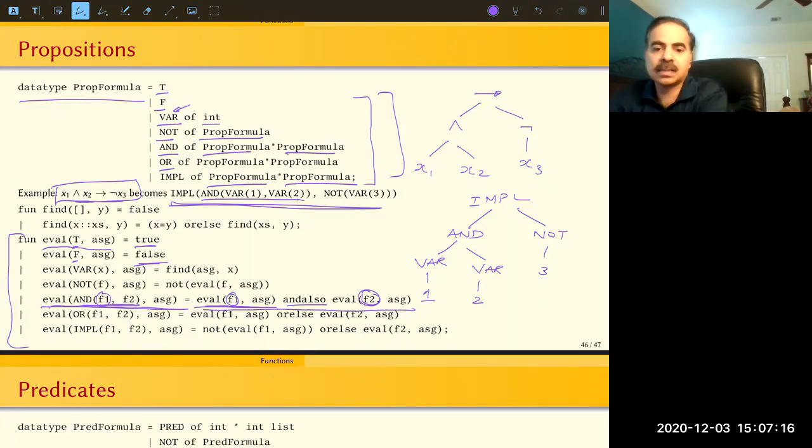So we can express everything that we have studied in ML, and the point is that whatever mathematical definitions we are able to write in class that define what it means for a formula to be true, the same things can be expressed in a relatively straightforward way in standard ML.